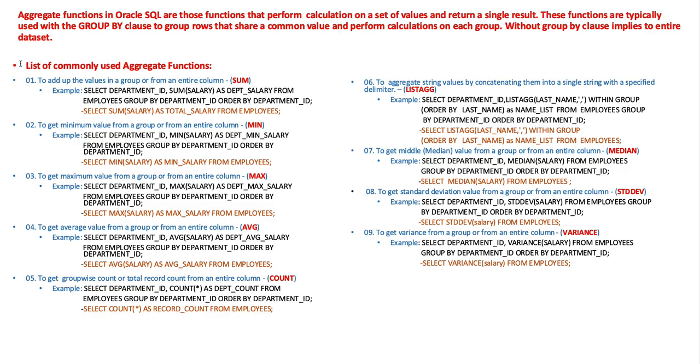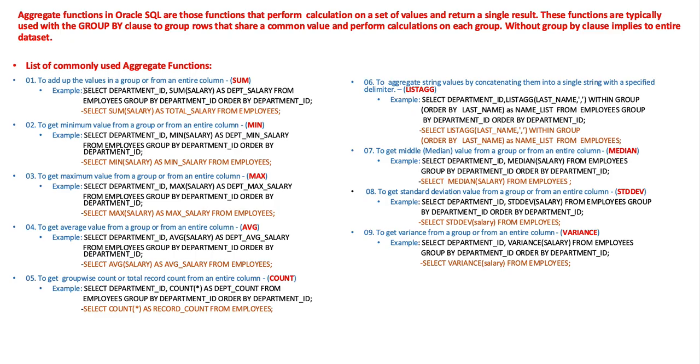Here is a list of commonly used aggregate functions. First one is the SUM function. The SUM function is used to add up the values in a group or from an entire column. I have provided two examples. The first example uses a GROUP BY clause, and the second one is without a GROUP BY clause.